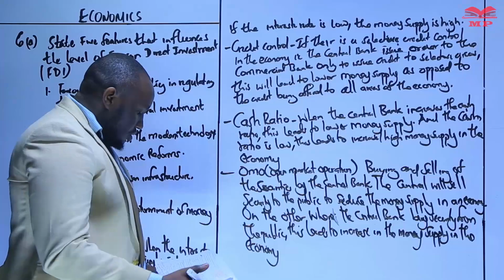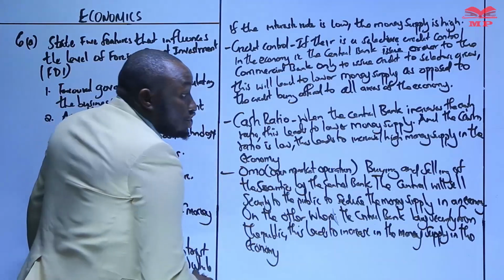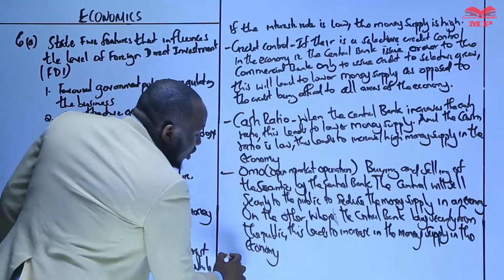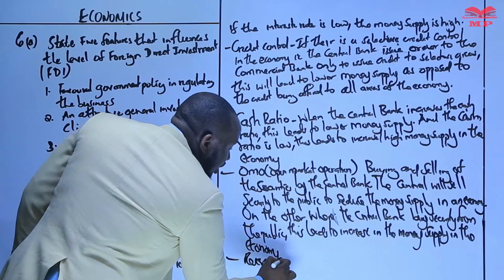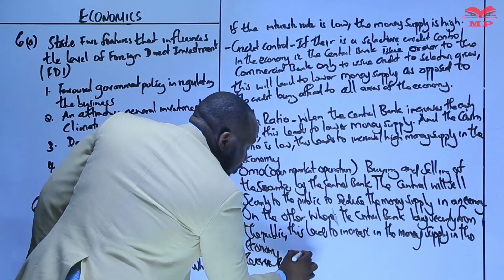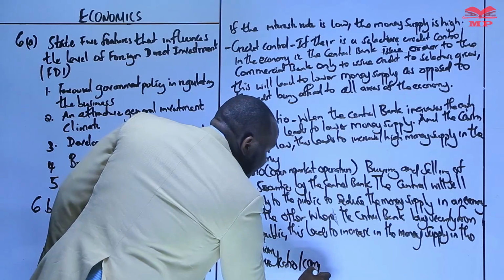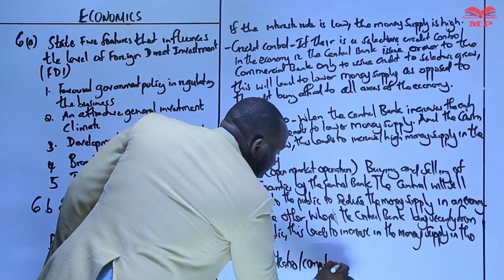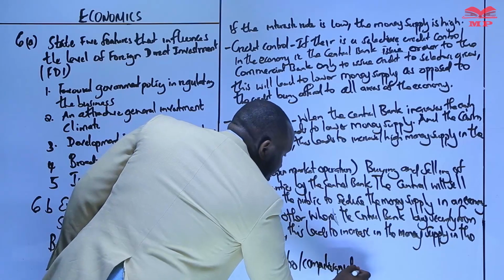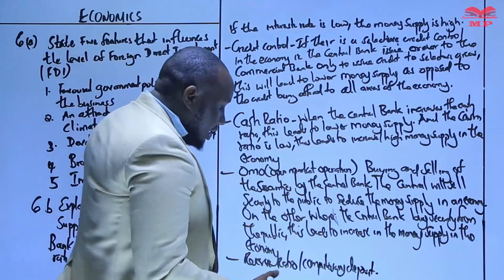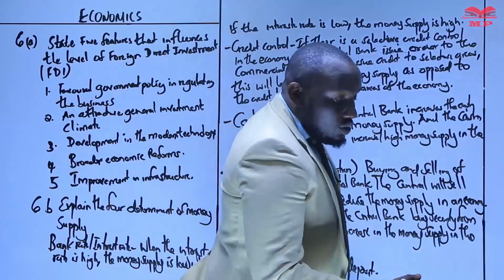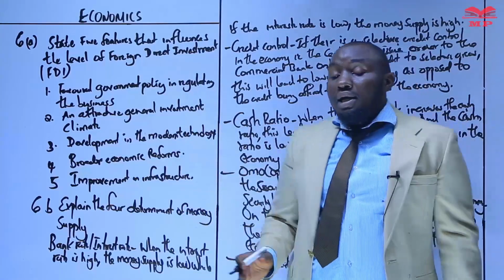We can also talk about a few things that you can research more on: the reserve ratio, the compulsory deposit. We just explain it as an additional point. The examiner needed 4, and for each there was the point and the explanation.